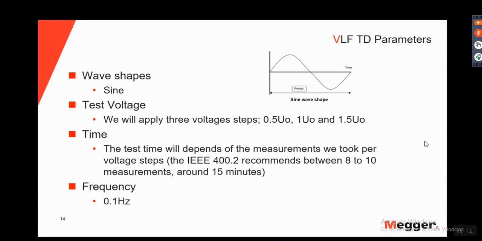The IEEE recommends taking between 8 to 10 measurements per voltage step, so it will take around 15 minutes. And as I said in the previous slide, the frequency must be 0.1 Hertz. We cannot decrease the frequency when we're doing a tan delta test.